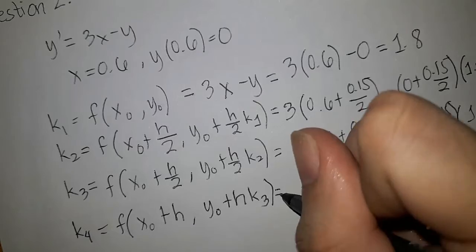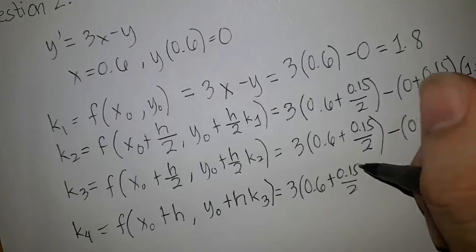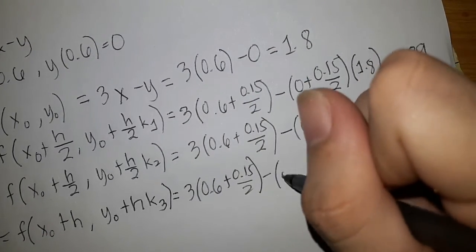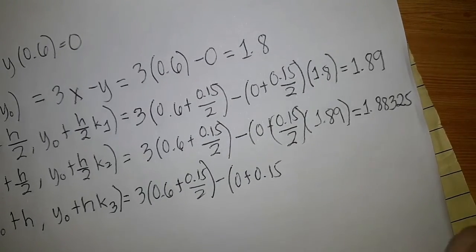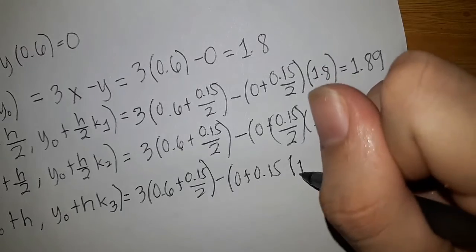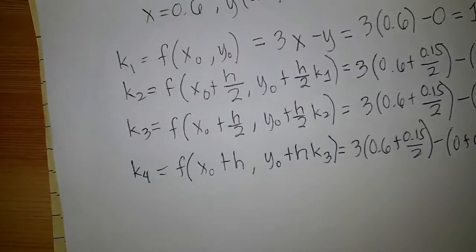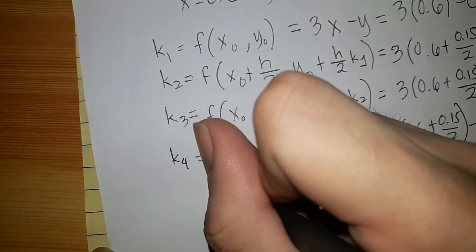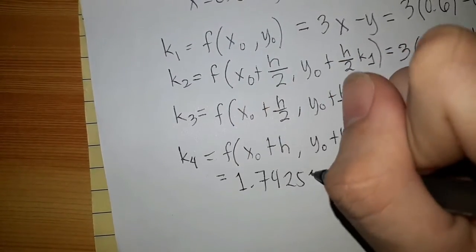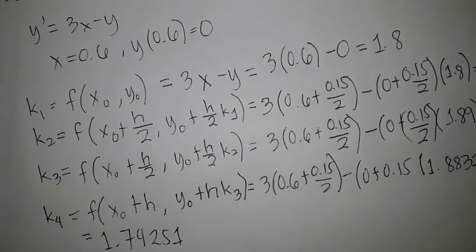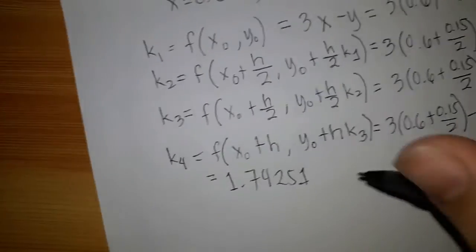So this is equal to 3 times 0.6 plus 0.15 over 2, minus 0 plus 0.15 times the value of k3, which is 1.88325. So the value of k4 is equal to 1.74251.